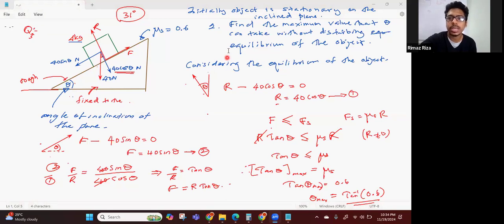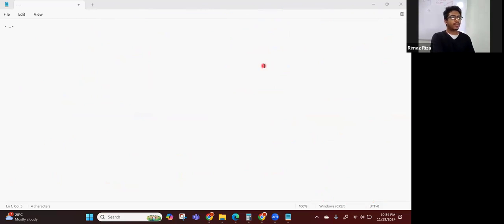So Abhishani also has done it by considering that maximum case equation. Okay, good. Okay, so I think we are good with inclined planes.